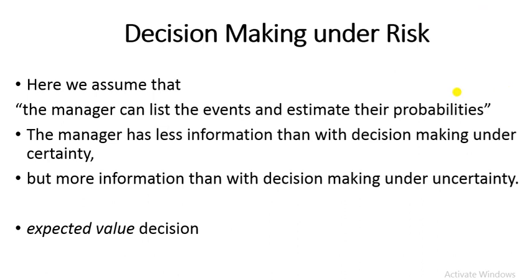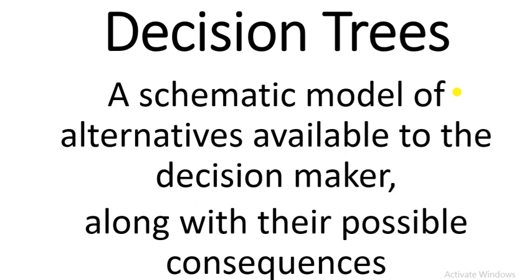In the topic, we will see decision trees. As you can see, a decision tree is a schematic model of alternatives available to the decision maker along with their possible consequences.